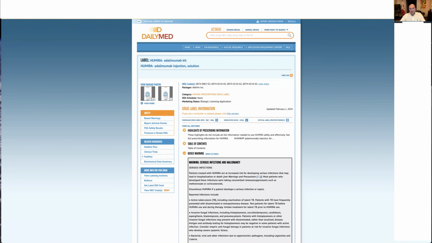Obviously, in each country, the regulatory authority has its own, I would say, a source of information for this type of document. And this type of document that we call label by FDA in the USA is called a product monograph in Canada.